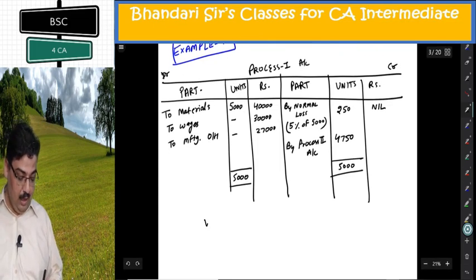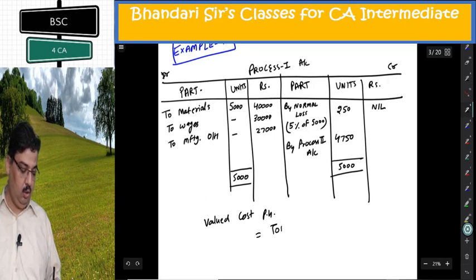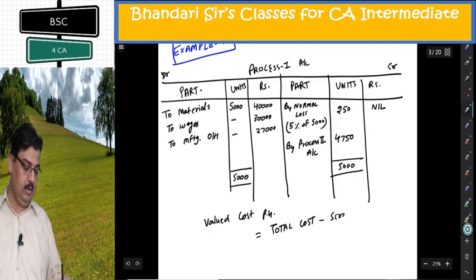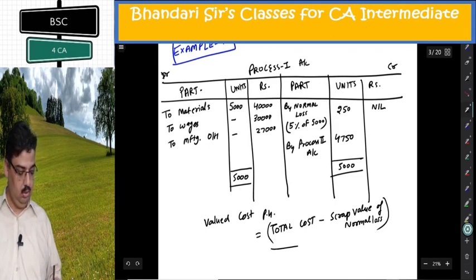I compute valued cost per unit. What was the formula? Total cost minus scrap value of normal loss, whole divided by expected output.